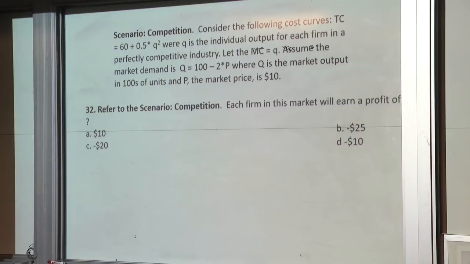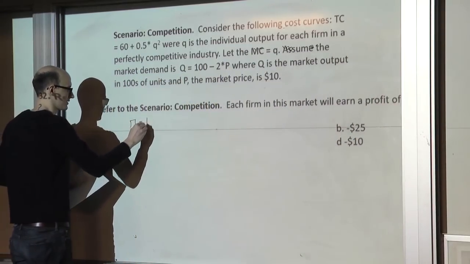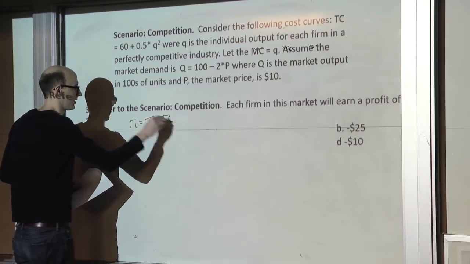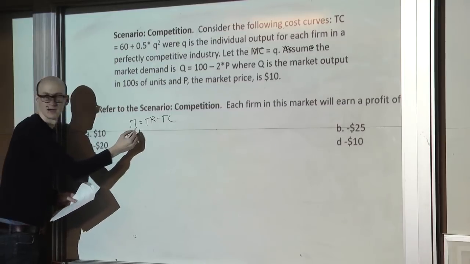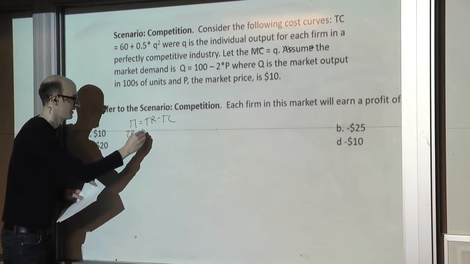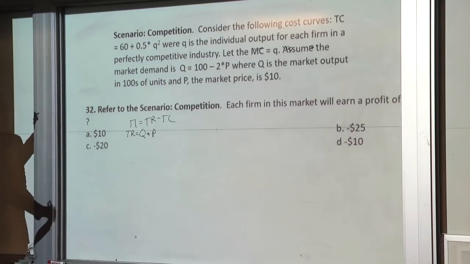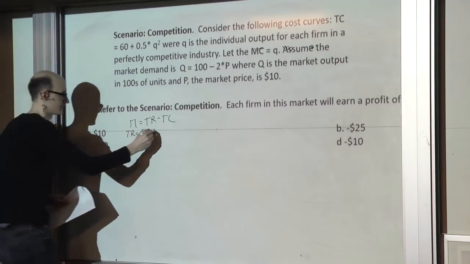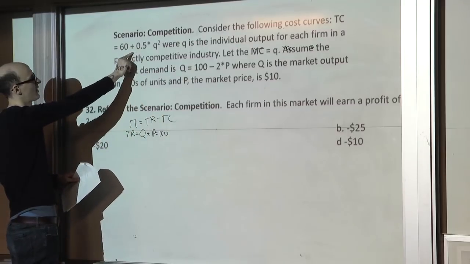So here we'll use the other ones. Each firm in this market will earn a profit of what? Again, profit equals total revenue minus total cost. Total revenue equals Q times P. In the prior problem, we knew that the price was 10, and the quantity produced for each firm is also 10, so that's going to be equal to 100. The total cost we need to get from the total cost curve.